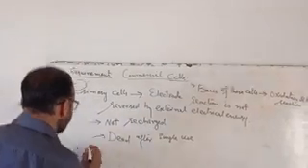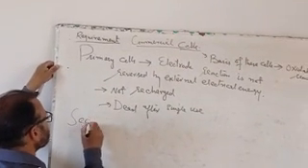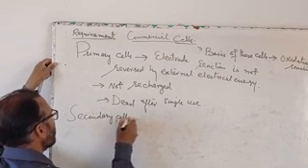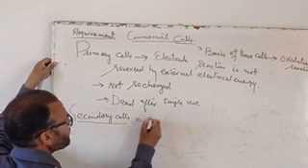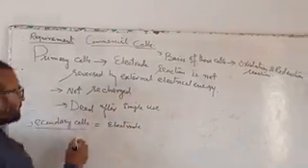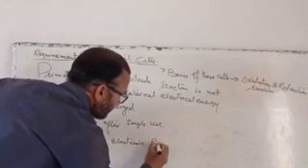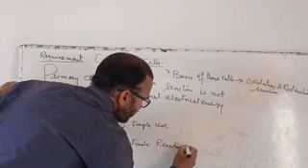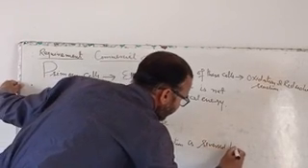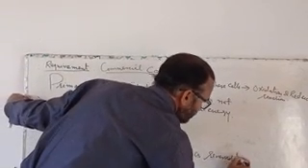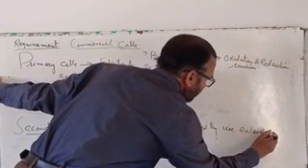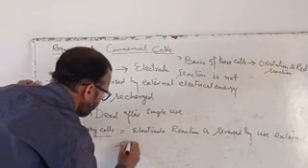Now secondary cells. In these cells, the electrode reaction is reversed by the use of external electrical energy.